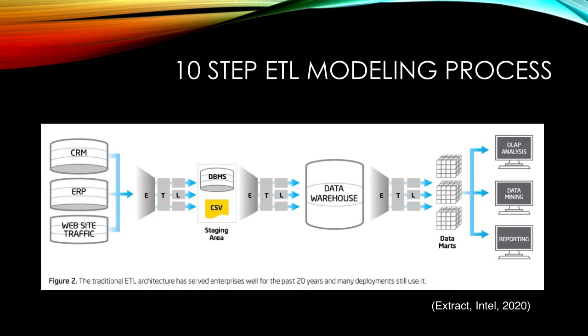Once that is done, then you go through the ETL process again, and you can move that information to the data warehouse. And then one more time, going through the ETL process, you'll then create your different data marts, and then you'll have your end user product. Hopefully everything is working properly, all the errors are out, so hopefully at that point it'll be a seamless process.